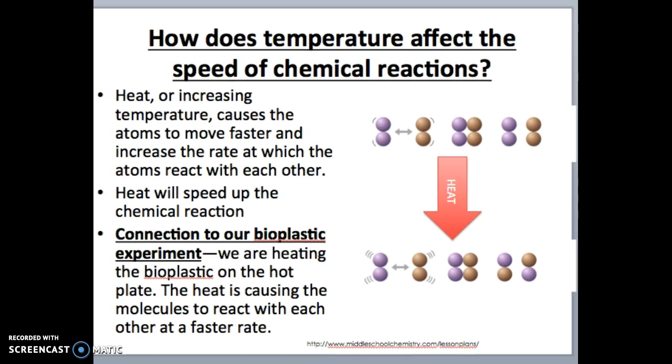Now, finally, let's talk about temperature. So, adding temperature to a chemical reaction causes the atoms in the chemical reaction to move faster. And because they move faster, they actually interact with each other more frequently and at a faster rate. So that will actually speed up the chemical reaction and make it occur faster.